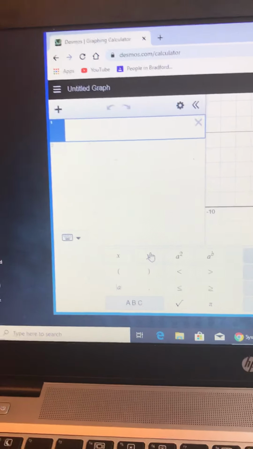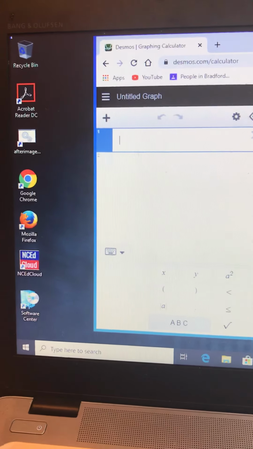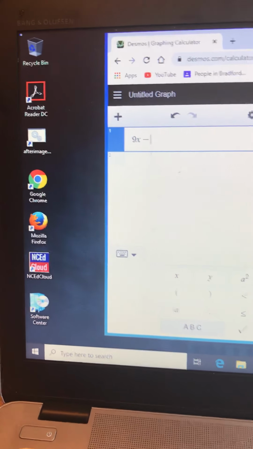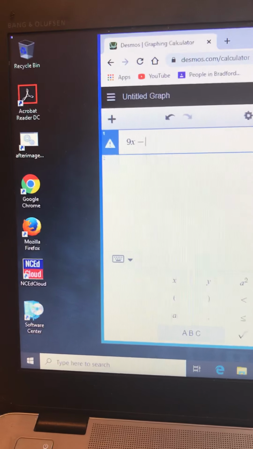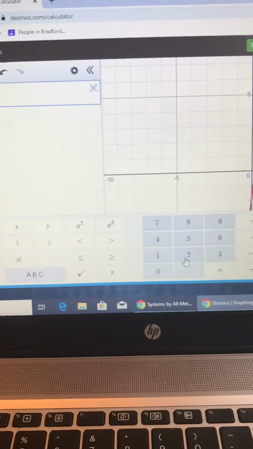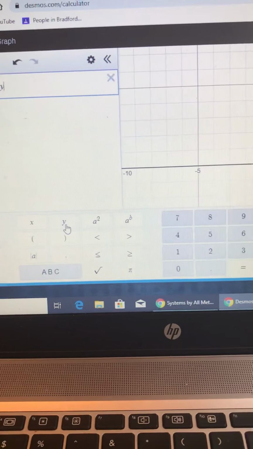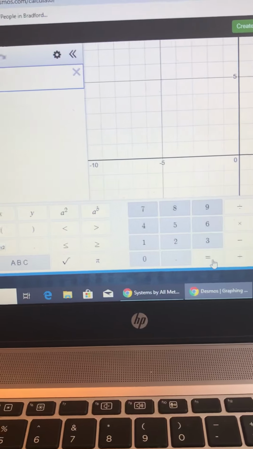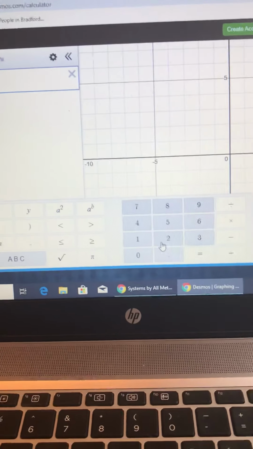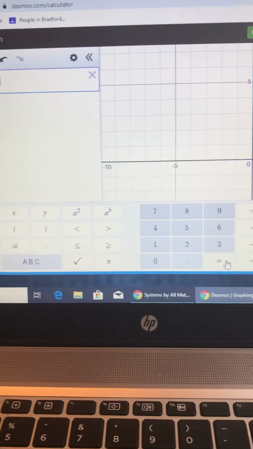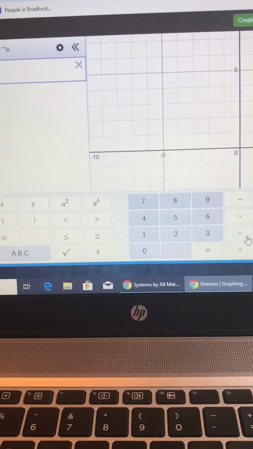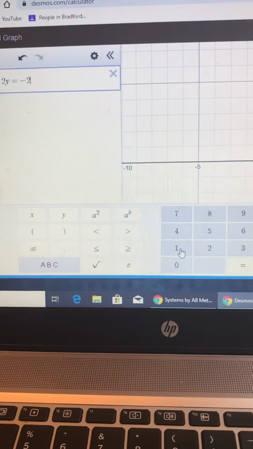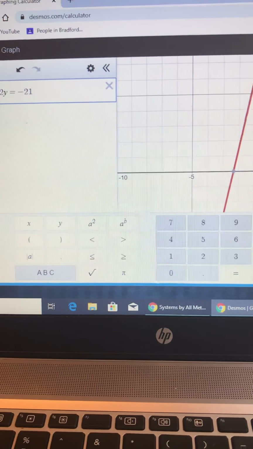We're just going to enter in 9x minus 2y equals negative 21. The keyboard has all the keys for you. There's our first system, and you can see how it graphed it.